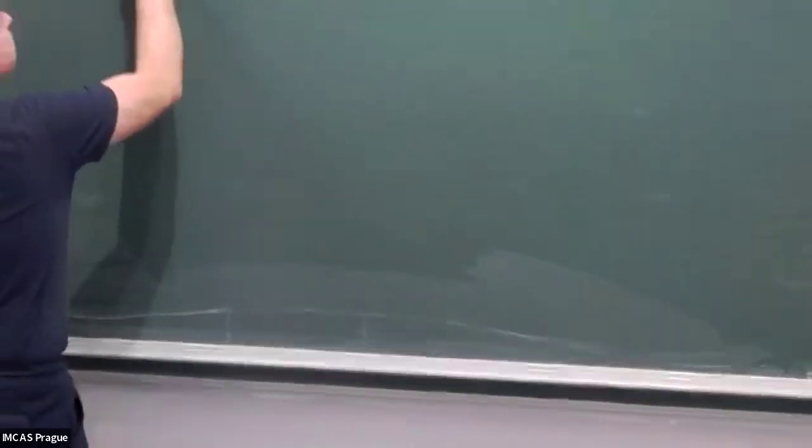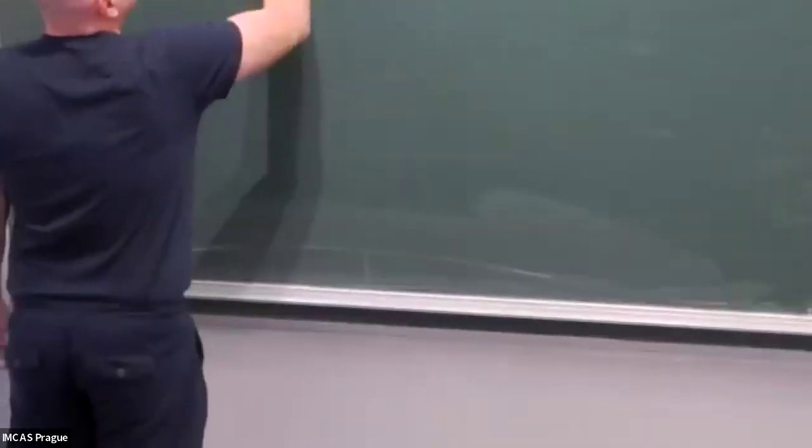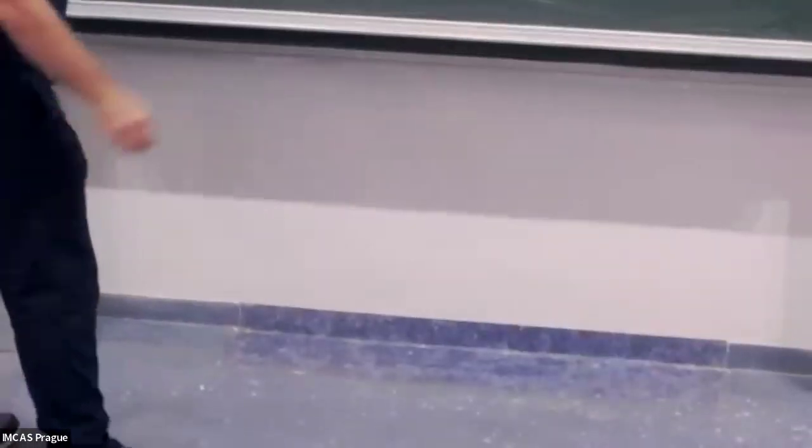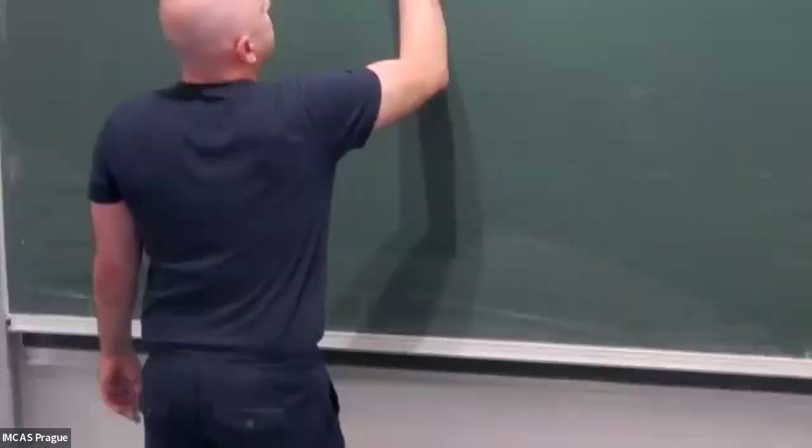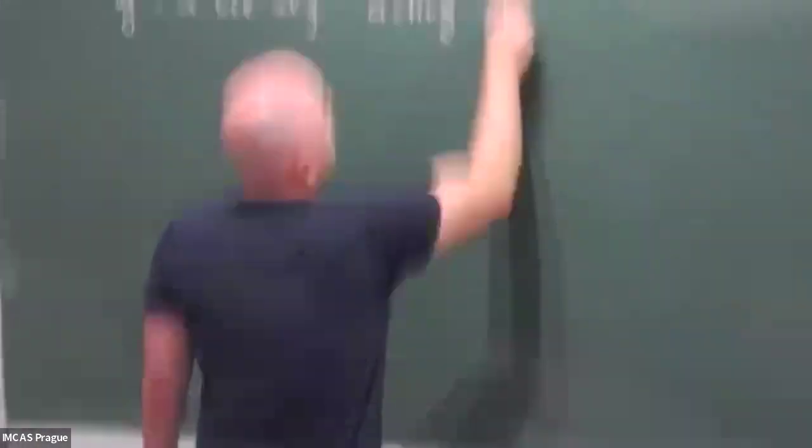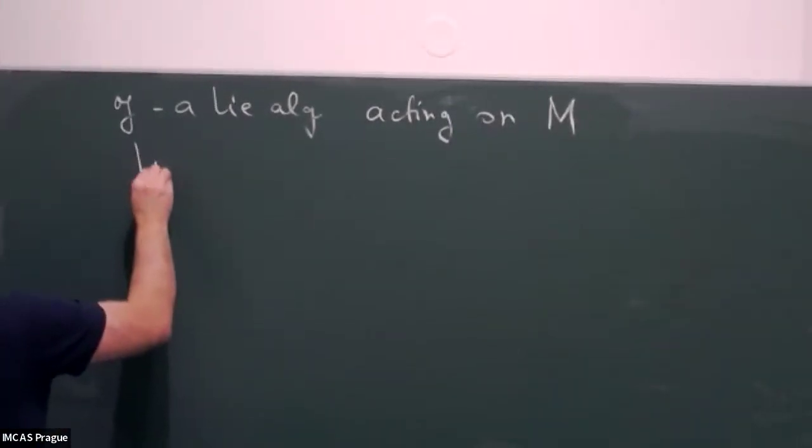Suppose G is a Lie algebra acting on a manifold M. Then we can construct what is called an action Lie algebroid.